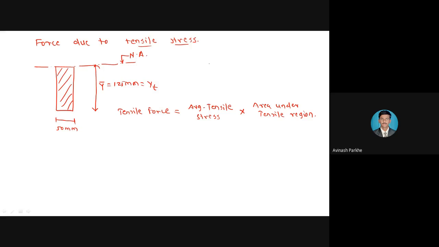We know that sigma is equal to P upon A, so if I have to calculate P, it is sigma into A. Same I have used here. P means my tensile force, sigma means my average tensile stress, into A means area under the tensile region.